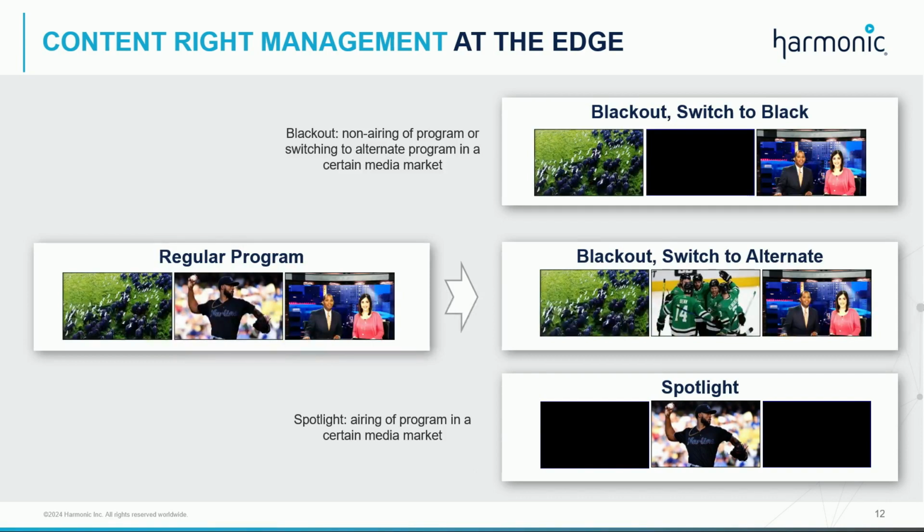The reason for me mentioning this is that the way to do this type of blackout and switching management can differ depending on the IP methodology that you're using, especially with SRT or managed IP delivery. In order to do this, you need to do content processing at the edge in order to replace the content. For instance, getting back to baseband, doing playout, and then re-encoding.